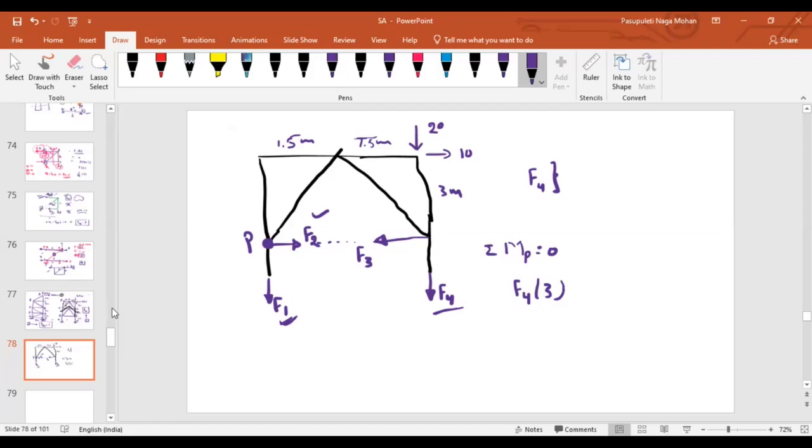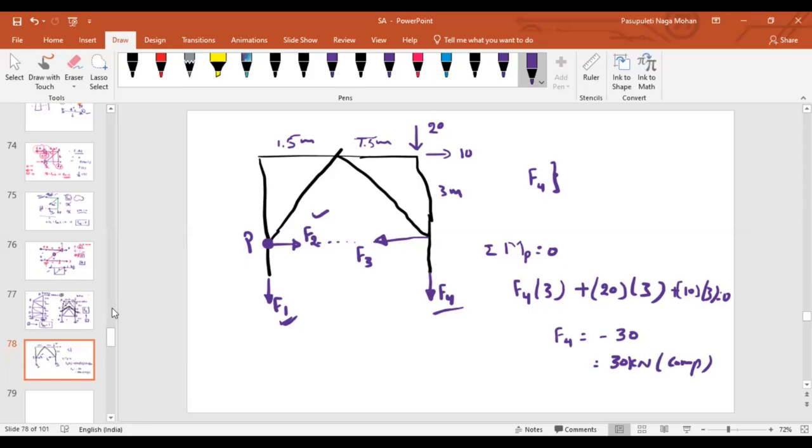Because of this 20, clockwise again, so plus 20 into 3. Because of this 10 also it is clockwise, plus again 10 into 3. That should be equal to 0. If I solve this, I'll get F4 equal to minus 30. Minus represents that initially we assumed it as a tensile force, but it is a compression force.